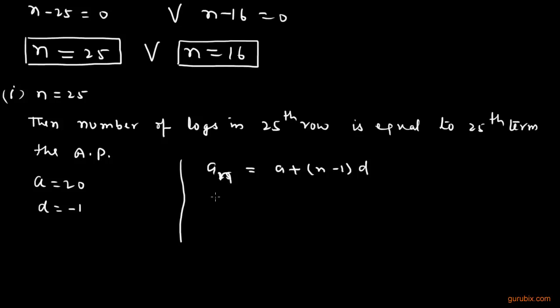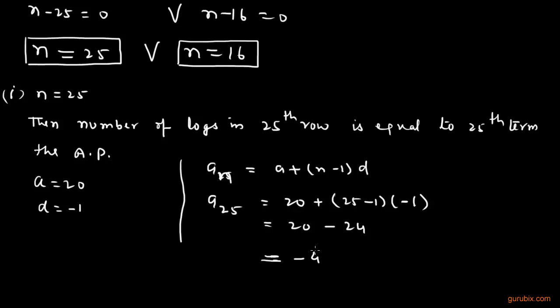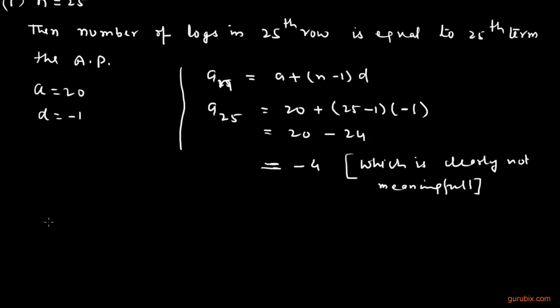If n equals 25, a is 20, n is 25, and d is -1, so this is -24 and this is -4. This shows that the number of logs in the 25th row equals -4, which is clearly not meaningful. Therefore, n is not equal to 25.